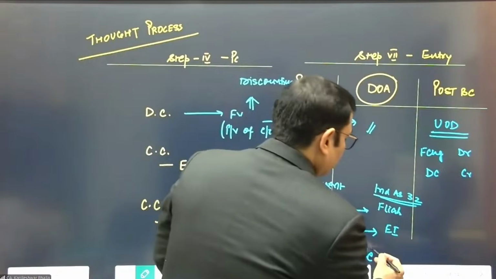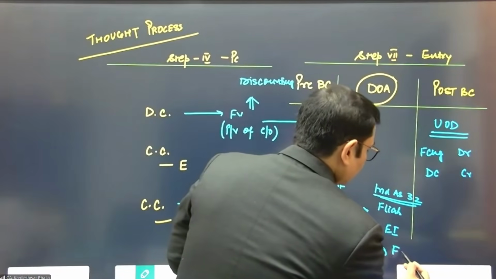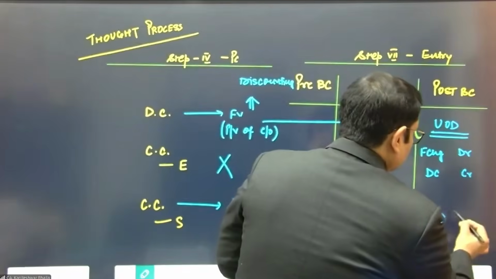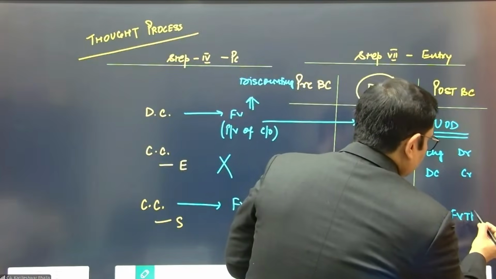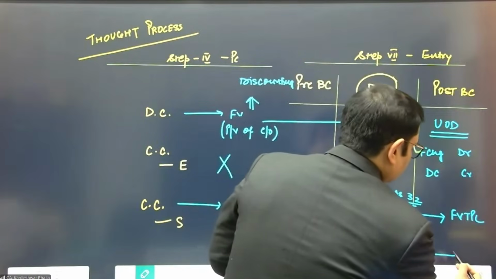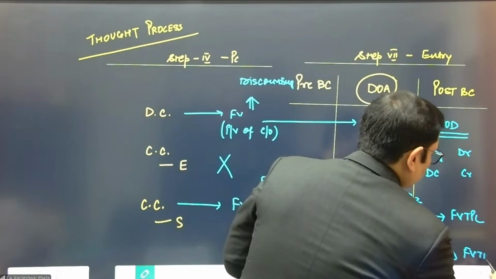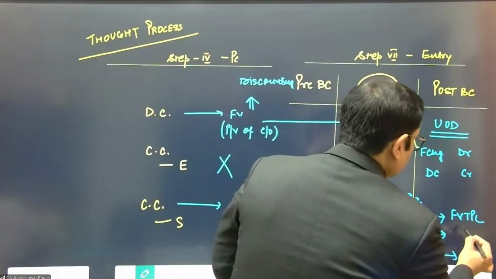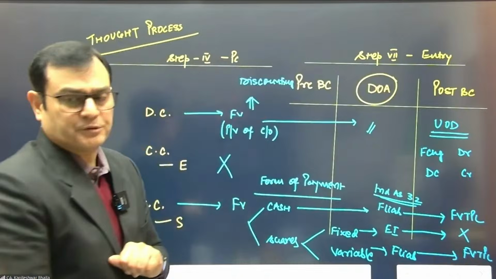And if it is variable, then also it is a financial liability. If it is a financial liability, subsequent measurement will be done as per FVTPL. That means any fair value changes will be captured in the P&L. And if it is supposed to be an equity instrument, then no further changes are captured.